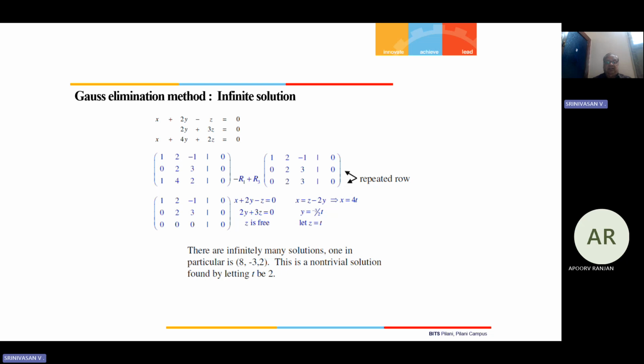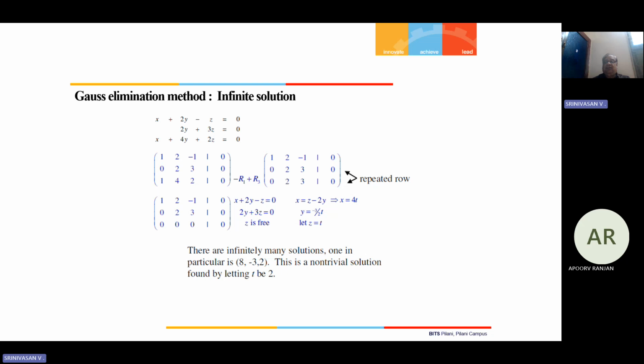Since the coefficient of Z is 0, you don't get any particular value. 0 Z equal to 0 means Z equal to, don't say 0 by 0, because 0 by 0 is indeterminate. Anything you put for Z, you will get the equation satisfied: 0 into 1 is 0, 0 into 2 is 0, 0 into 3 is 0.